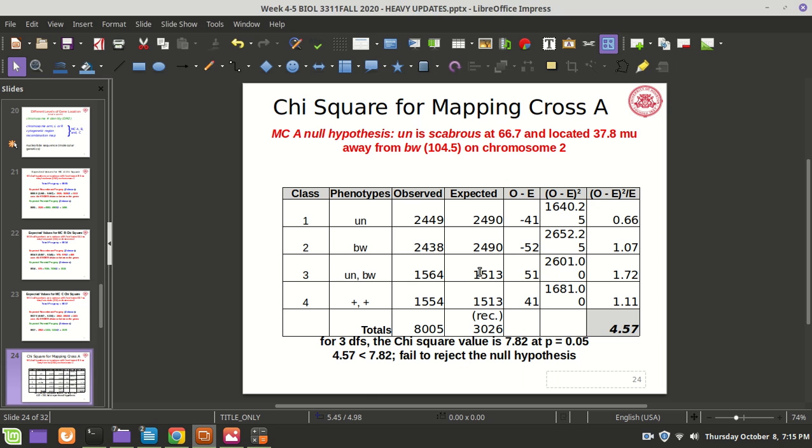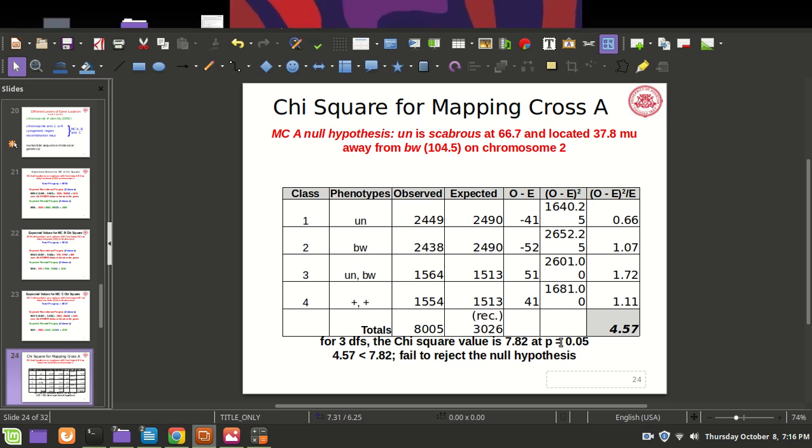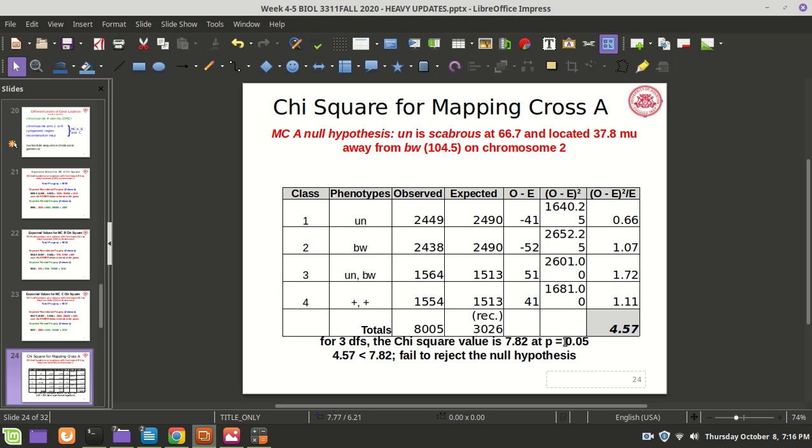Well, when we calculated this, we ended up with a number of 4.57. That is below this magic number, 7.82. So what we're saying is the p-value says that 95% of the time, this is a correct answer. In other words, we would state this as we fail to reject the null hypothesis.